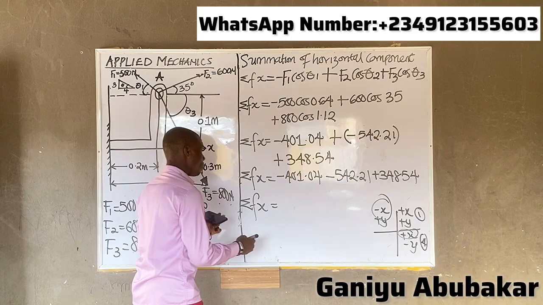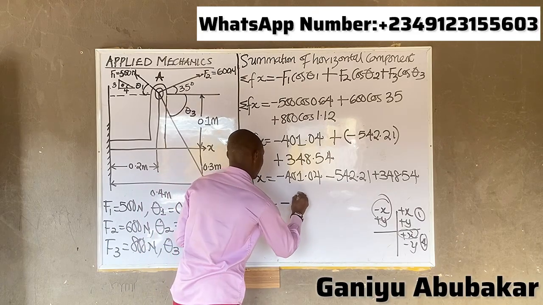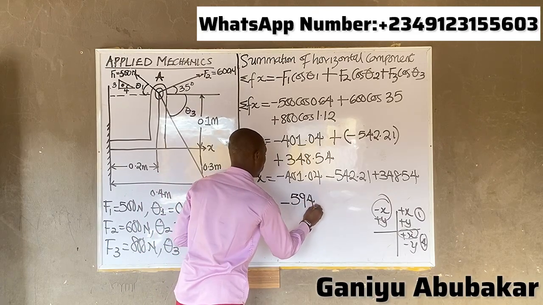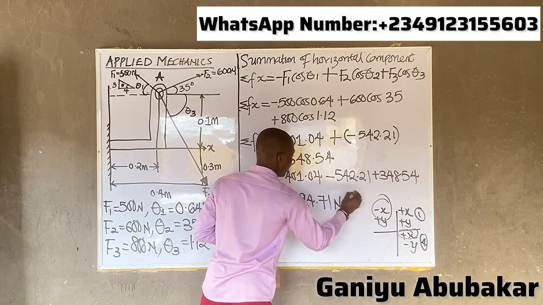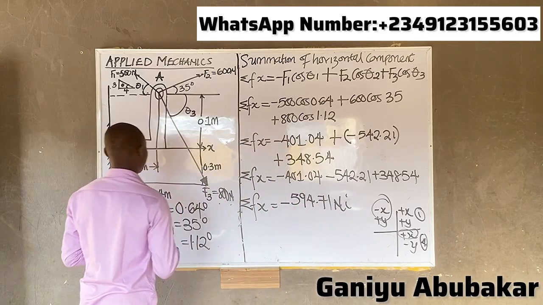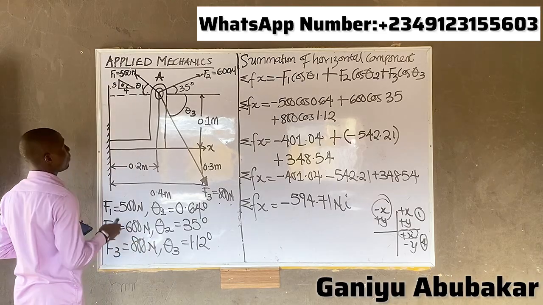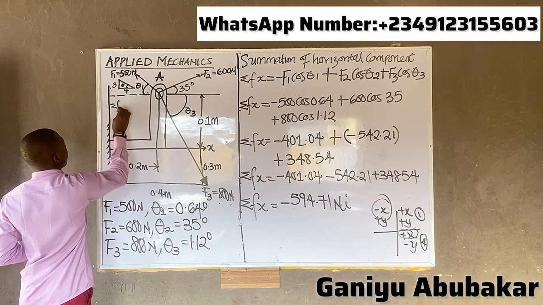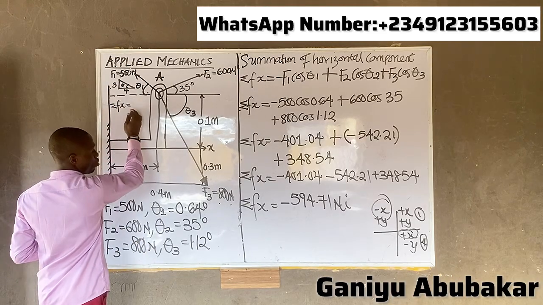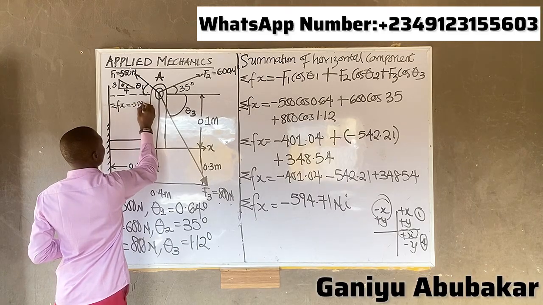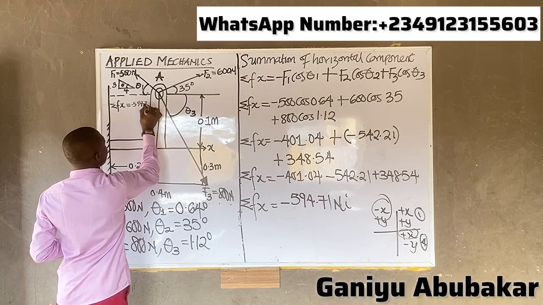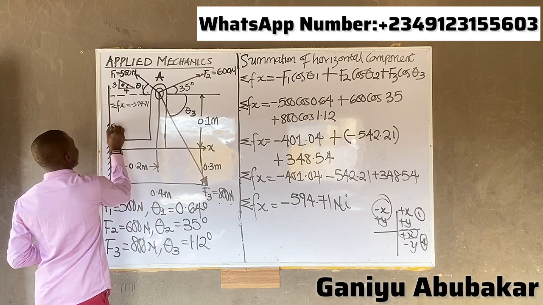This gives about negative 594.71, of course in Newton. So my summation of f of x is equal to minus 594.71.